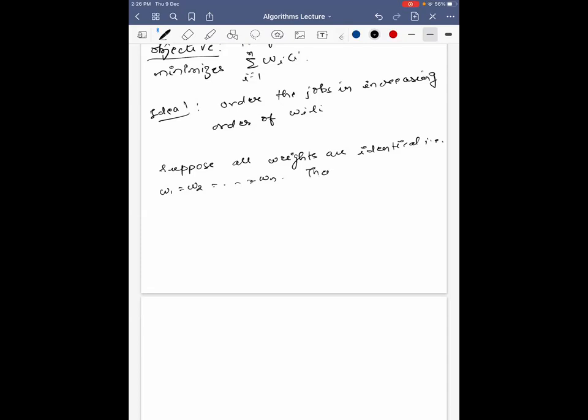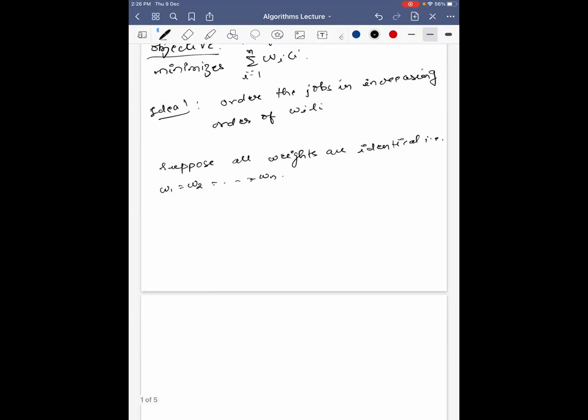In increasing order of length. In the increasing order of length. So basically, you would want to schedule the shorter jobs first as opposed to the relatively longer ones. So we would prefer scheduling shorter jobs first.